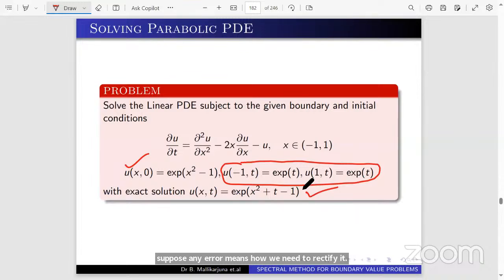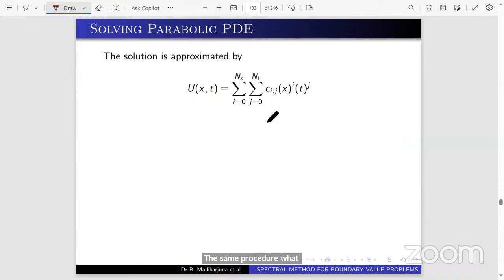So that is why we are taking a simple problem which has an exact solution. The same procedure that we implemented for ordinary differential equations, with c x power i t power j.